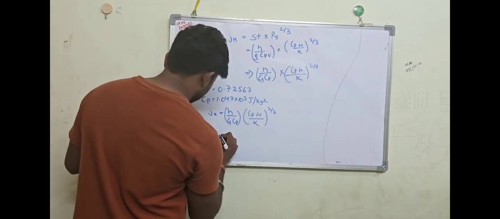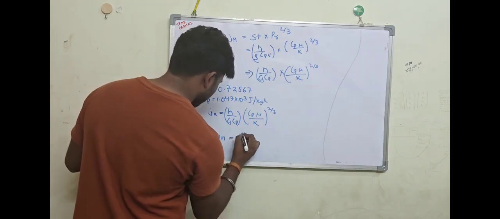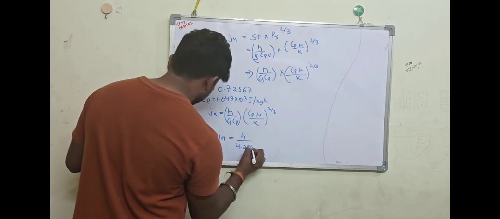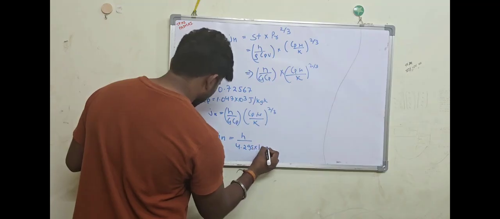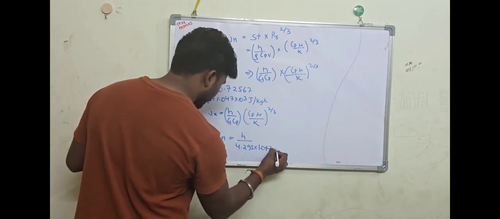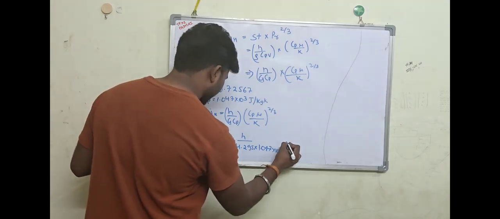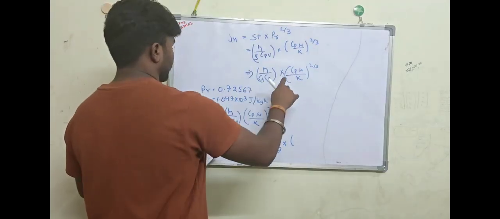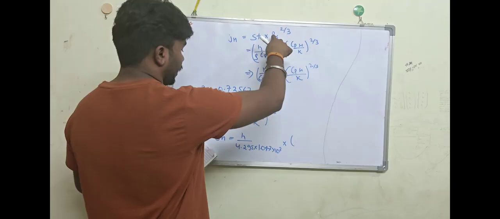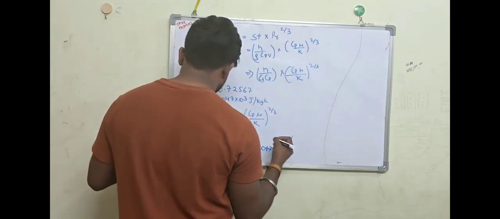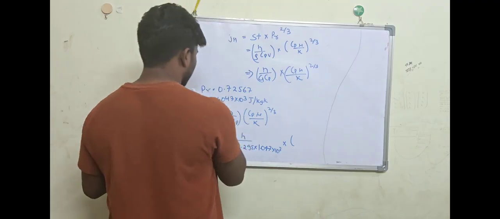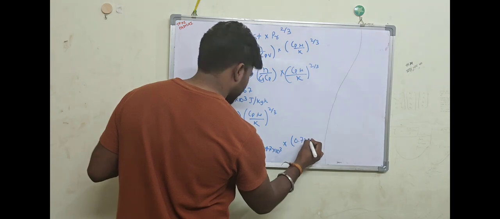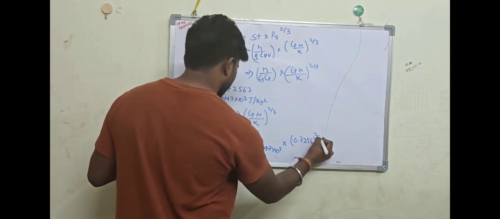So JH is H upon 4.295 into 1.047 into 10 to the power 3, into the Prandtl number, which is already given, 0.72567 to the power 2 by 3.